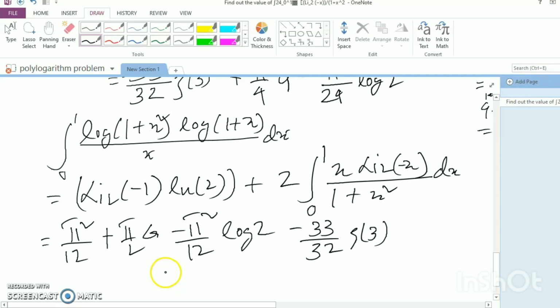This value pi square by 12 log 2 and this value pi square by 12 log 2 cut, so I get pi by 2 G minus 33 divided by 32 zeta 3.